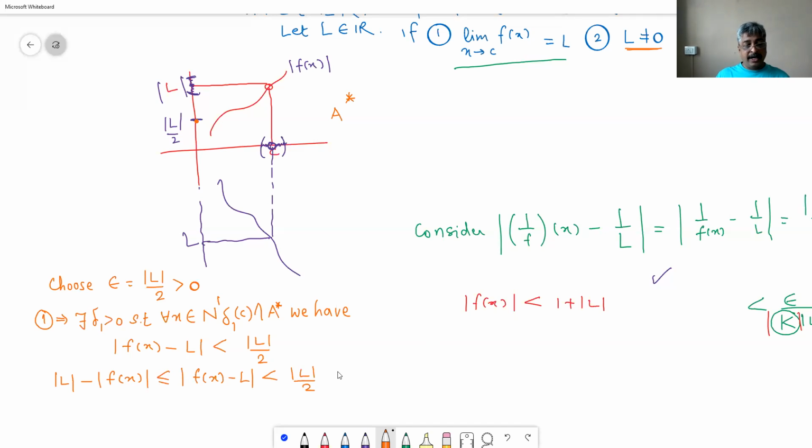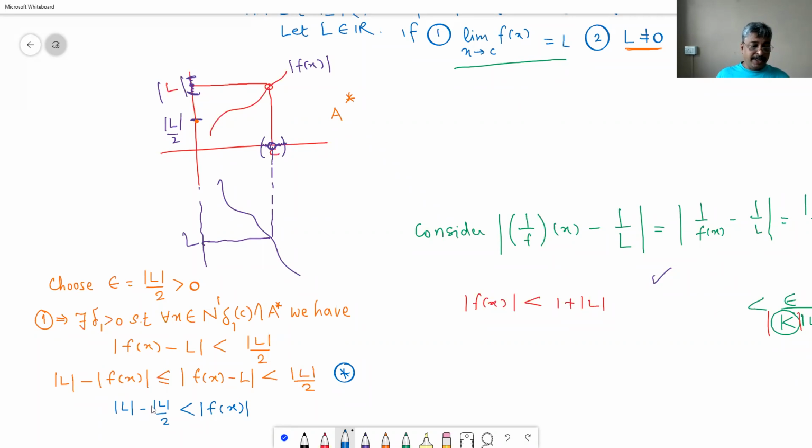So, you may spend a little more time in understanding this step. That is fine. But this is correct. And therefore, what we get here is, if we compare this with this, we can say mod L minus mod L by 2 is strictly less than mod f of x.